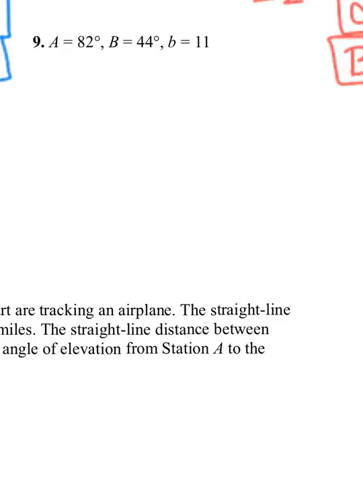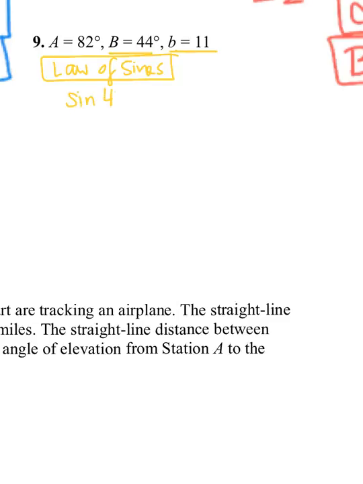All right, so number 9, again, I notice I do have a set, angle B and side B, or you can draw the triangle and you can kind of see what you have. And this is going to be the law of sines to start. And so let's set that up.